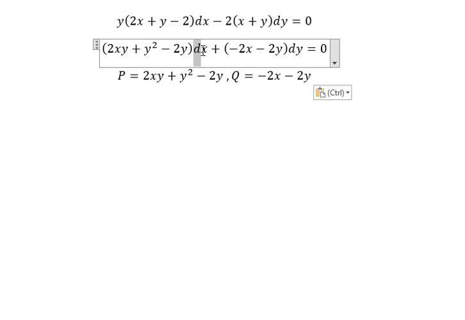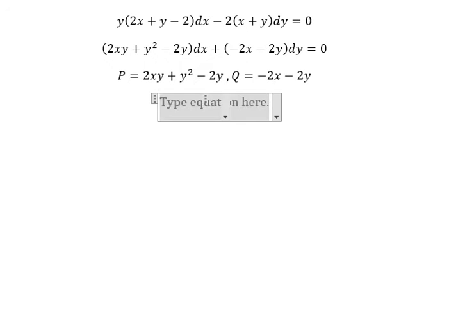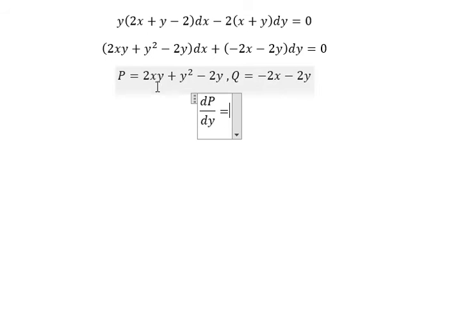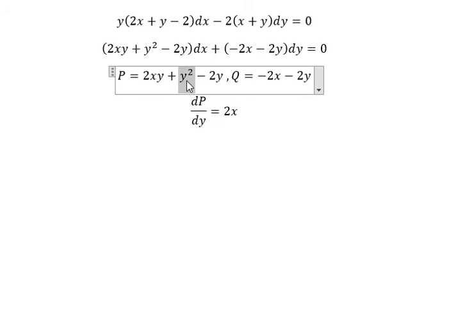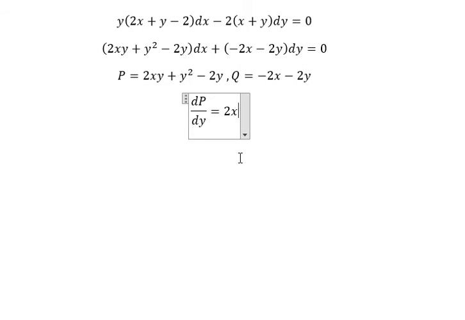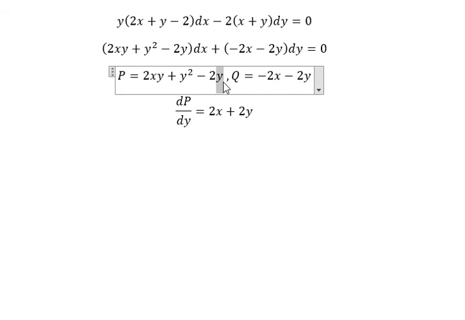So we have dx. That means we need to do first derivative of b with respect to y. So this one we have number 1. So we have 2x. This one we have 2y. This one we have number 1.